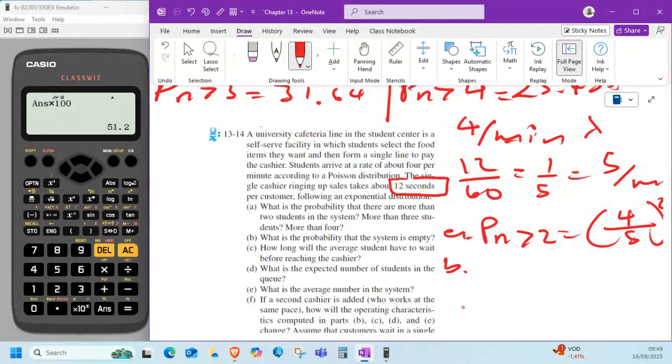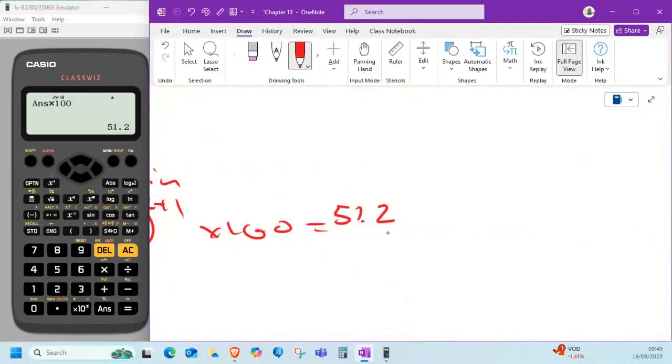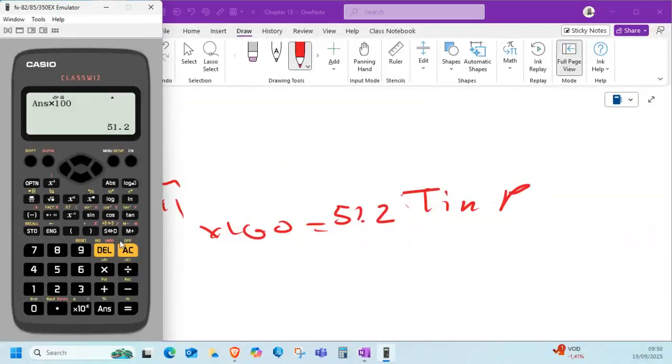Someone asks: what is the probability that there are more than 2 students in the system, and then they continued with more than 3 and then more than 4, until 4. Yes, you will do it until 4. Okay, let me write till Pn.